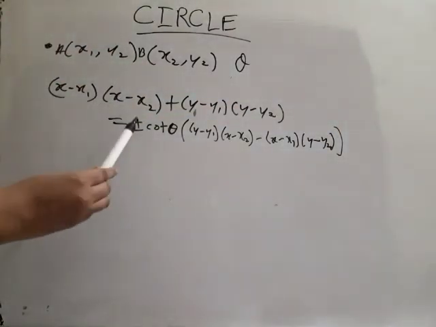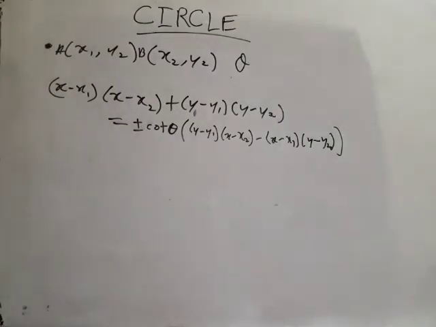So if we put plus here, we get one circle, and minus here we get another circle.